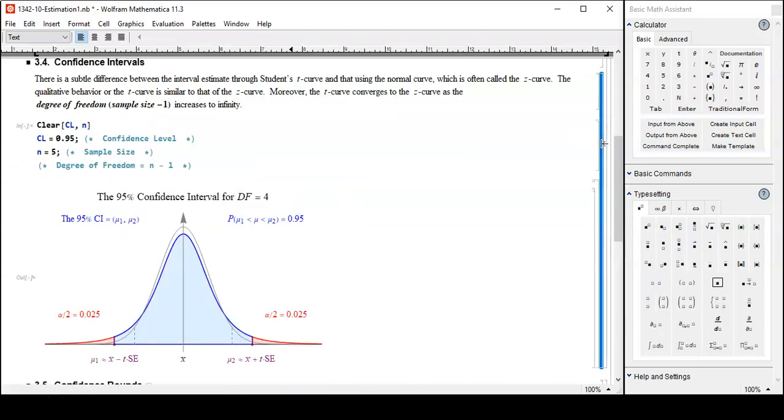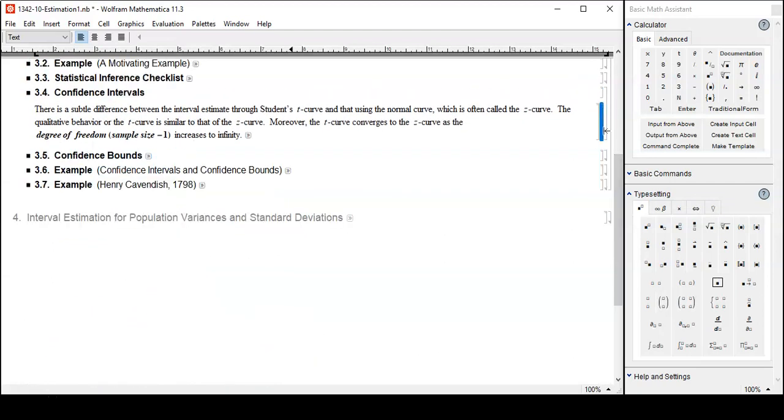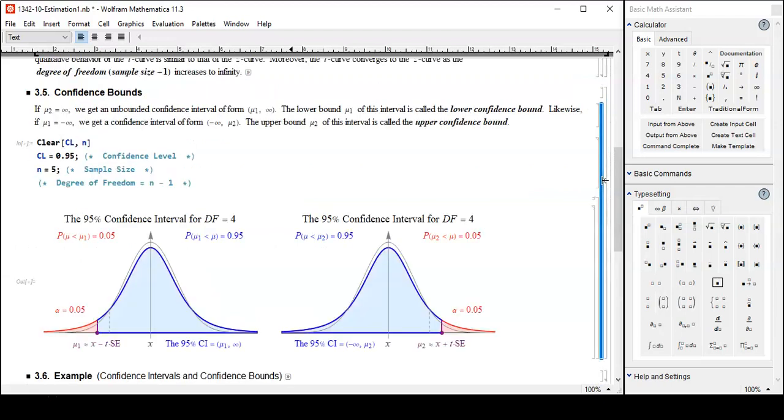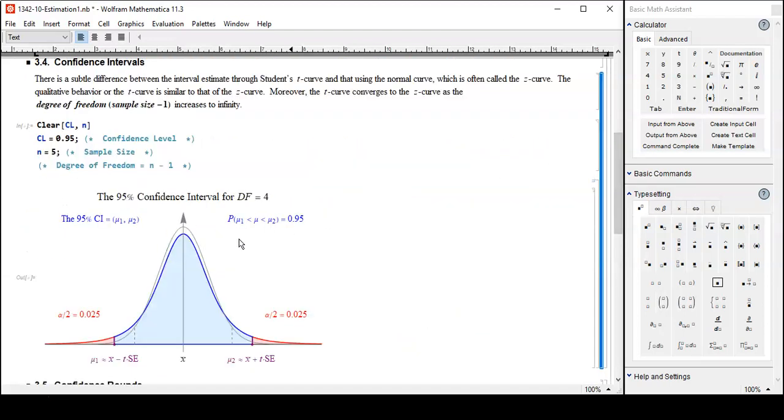Now here are some visualizations for confidence intervals and for confidence bounds. But in any case, do you see the gray curve and then the solid colored curve? The gray curve in the background is the normal curve, the Z curve. And then the solid curve is a T curve.